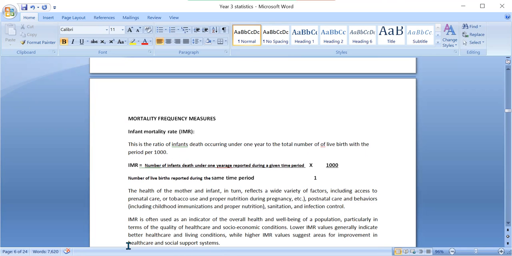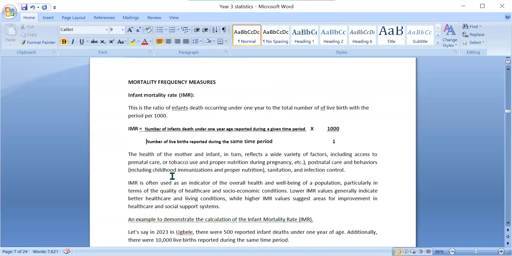We always express it in 1,000. The formula is: number of infant deaths under 1 year of age reported during a given time period, over the number of live births reported during the same time period.